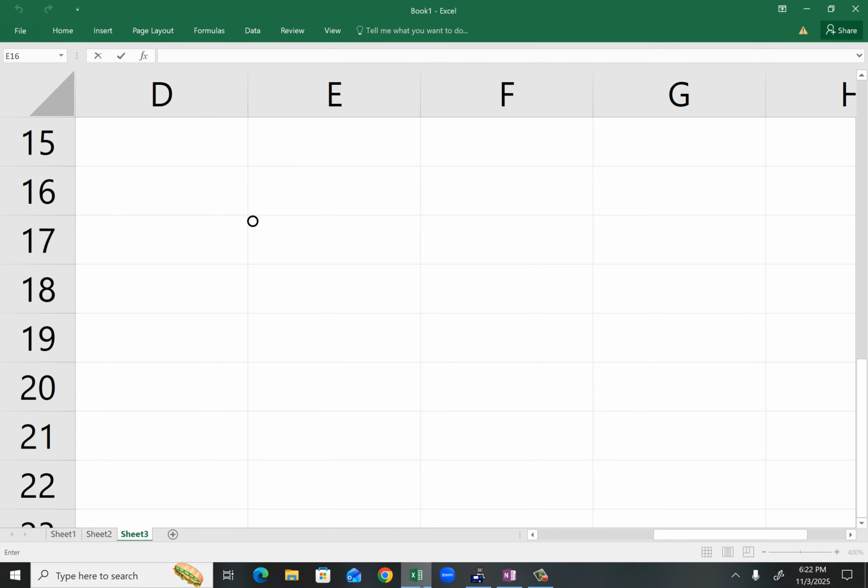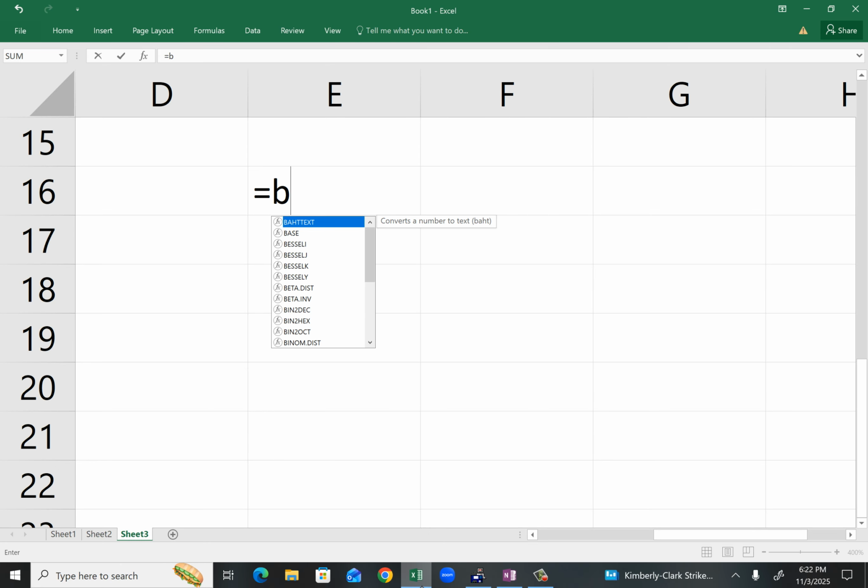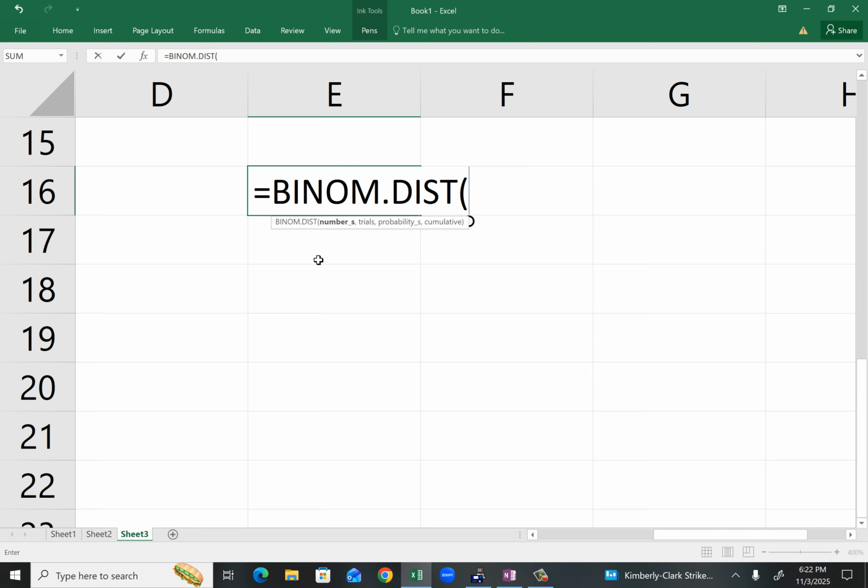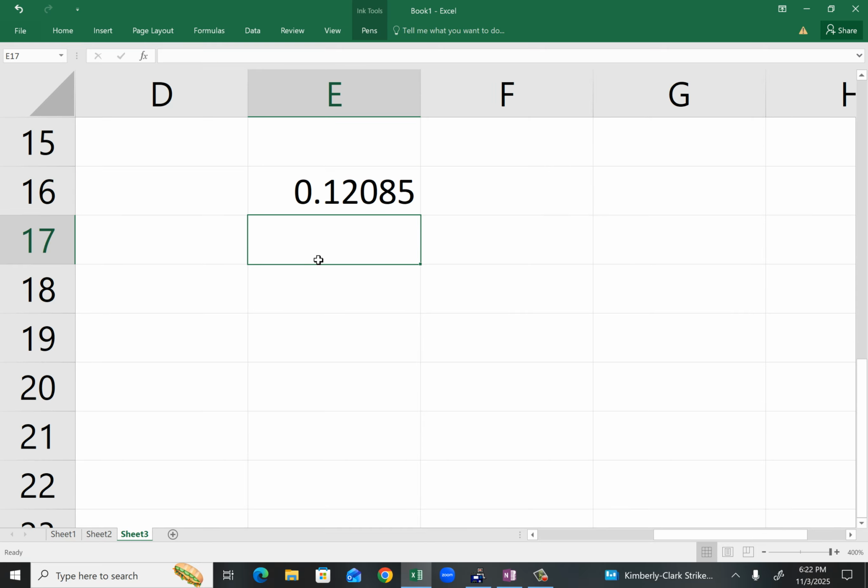There you go. And I wanted how many? 8. You with me? Comma 12, comma 0.5, comma 0. There's a 12% chance that you're going to have 8 girl piglets out of 12.